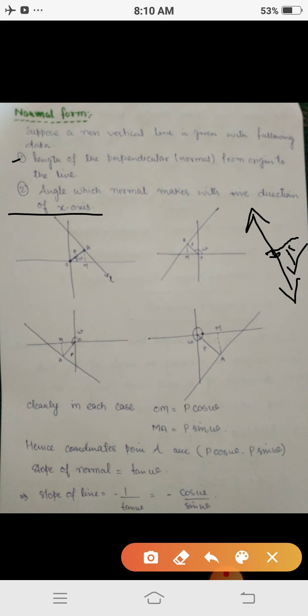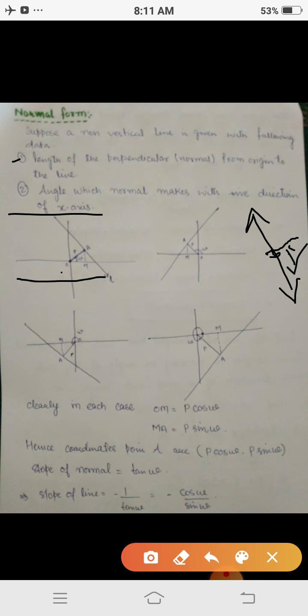Now here we have two things: the length of this perpendicular and the angle which it makes with the positive direction of the x-axis. This perpendicular can lie in any of the four quadrants, so four situations arise. First, where the perpendicular lies in the first quadrant: from the origin, OA is the perpendicular, or simply the normal.